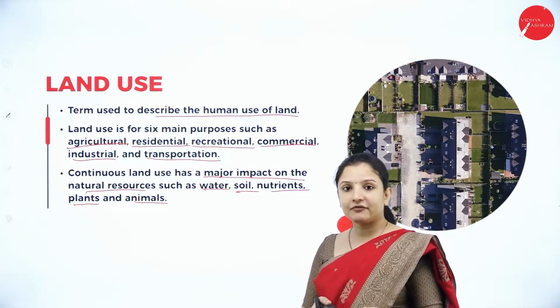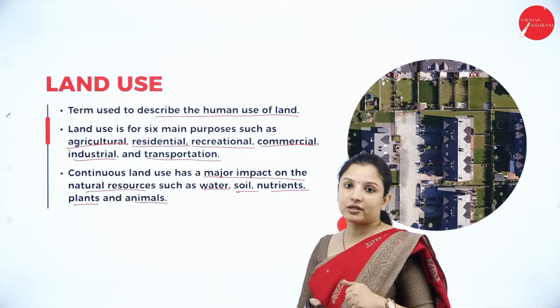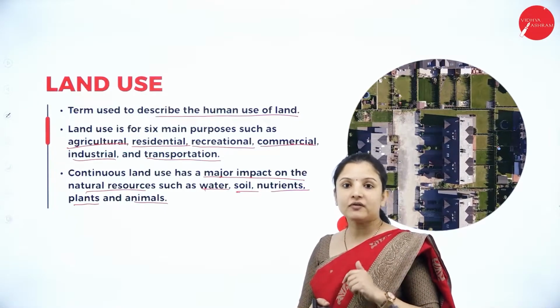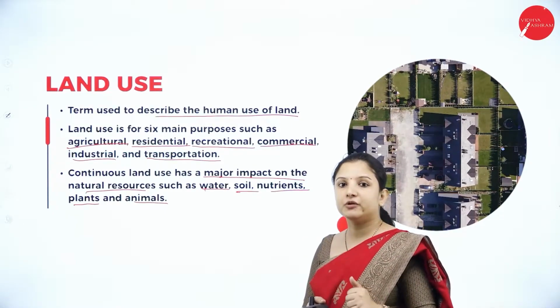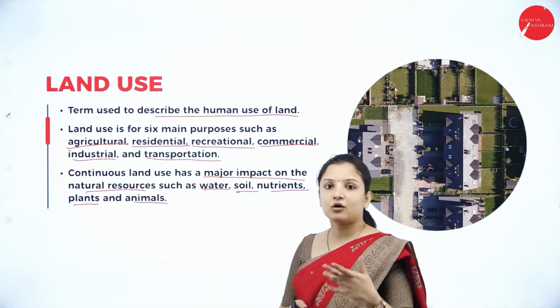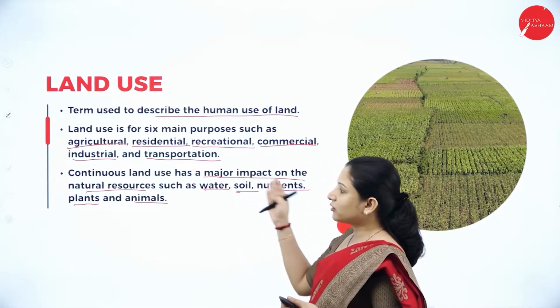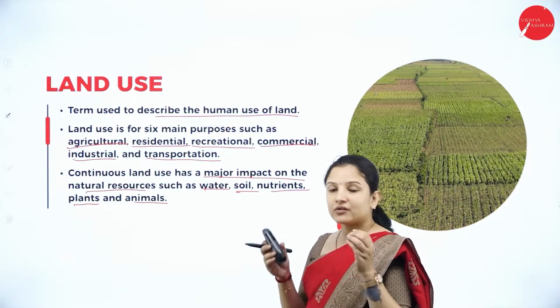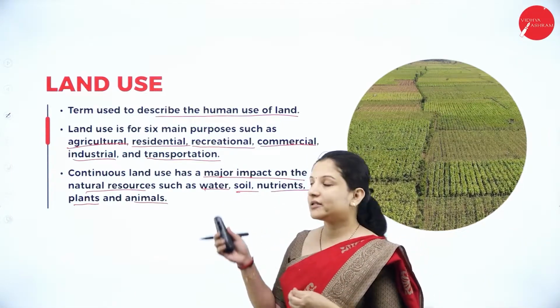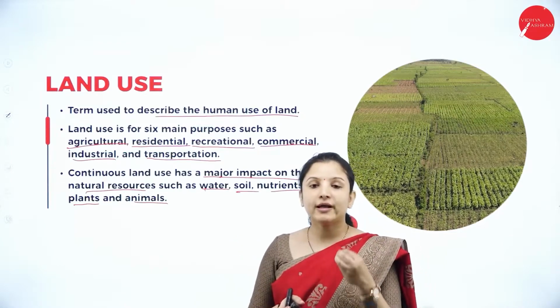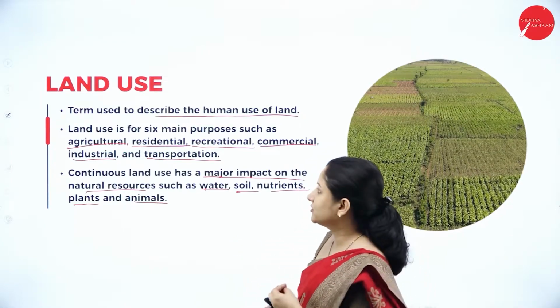If the plants get affected, obviously the animals will also get affected, because they will not have enough food, especially the herbivores. So if the herbivores are affected, obviously the carnivores also get affected. So this is how the survival of each one of the natural resources actually depends on how exactly we use the land. So this is about land use.